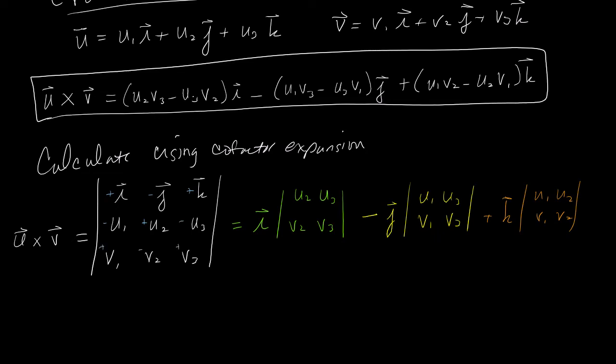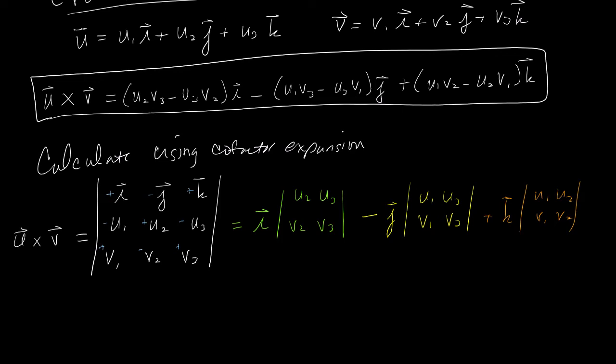Those signs alternate. We could do the cofactor expansion on any row or on any column to find the determinant of a 3x3 matrix. This is just something we need to keep in mind: we do have alternating sign positions.